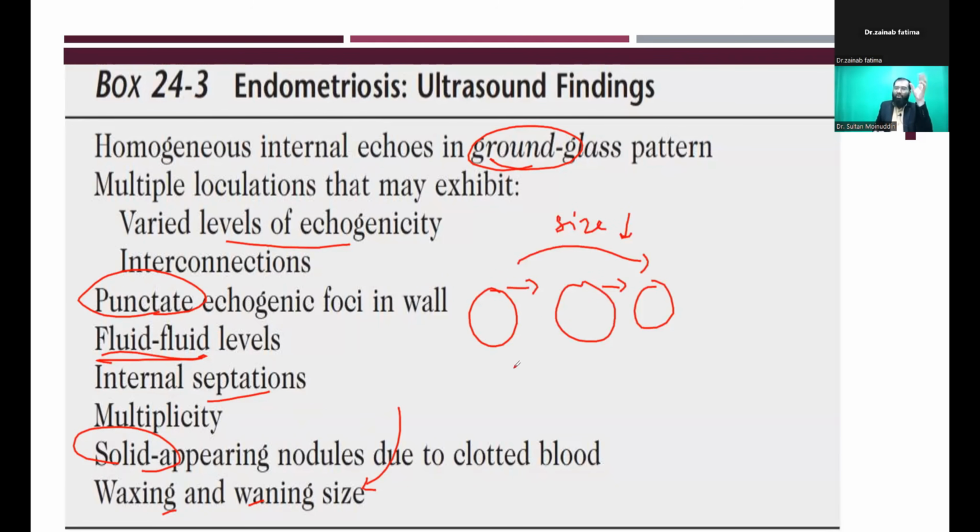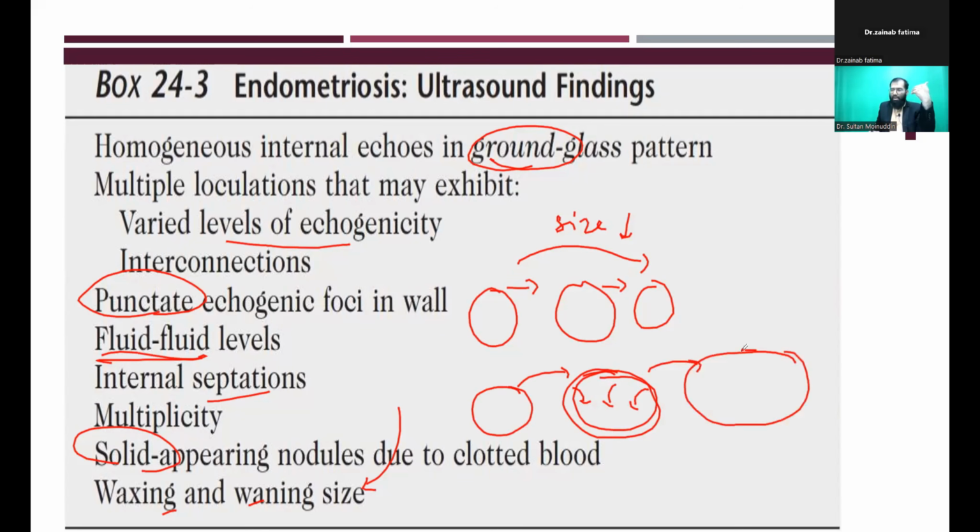But in case of endometriotic cyst or chocolate cyst, what would happen? Suppose this is a cyst. With cycle, next cycle, it would bleed again into the cyst. So this would become large in size. With next cycle, what would happen? There is one more bleed into it. So the size would again increase.